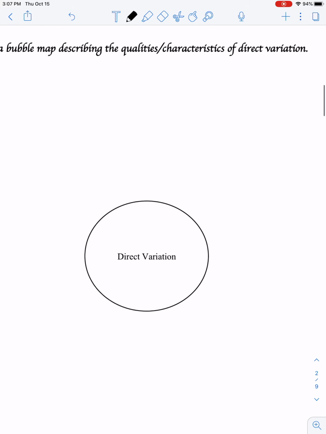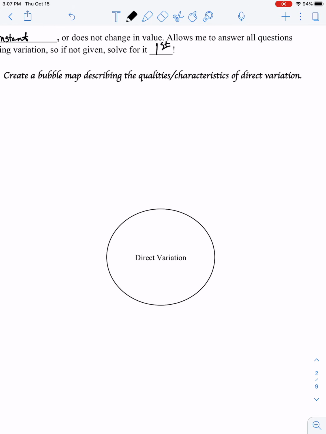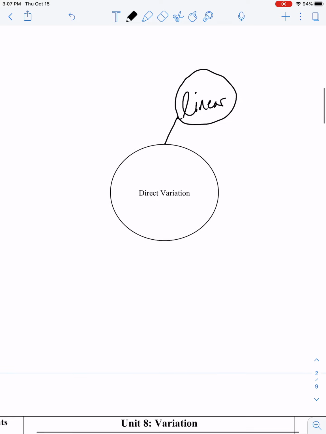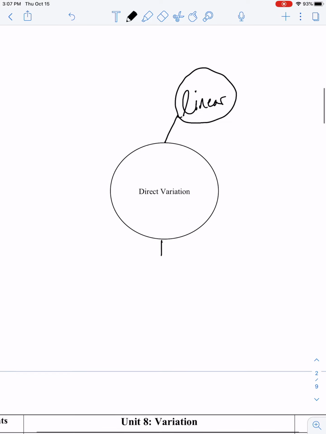Now, some qualities and characteristics of direct variation. It's linear, so it looks like a line. It must pass through the origin 0, 0 on a graph.